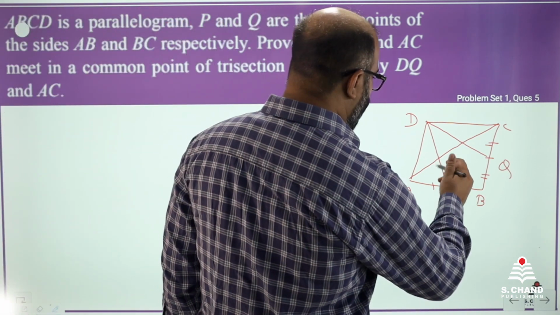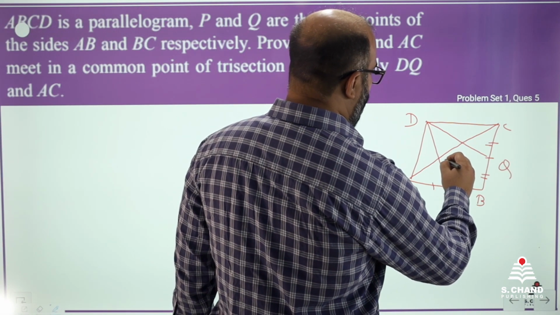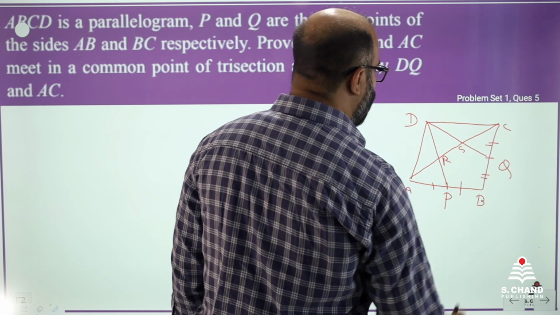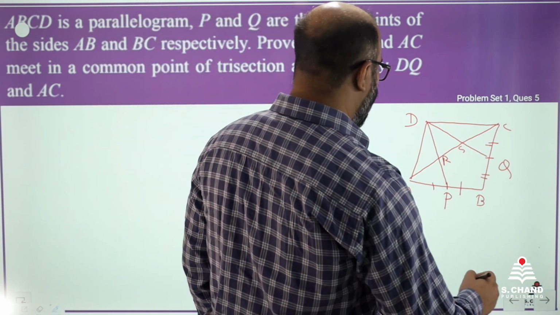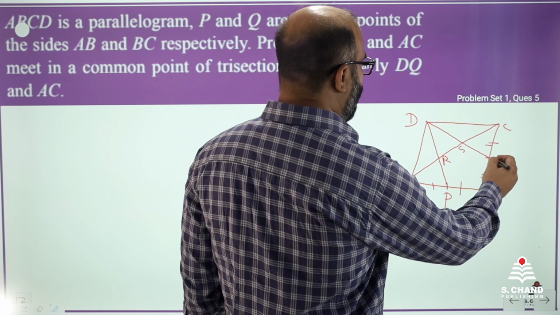Let us suppose that this point is R and this point is S, and we want to show that they meet in a common point of trisection.